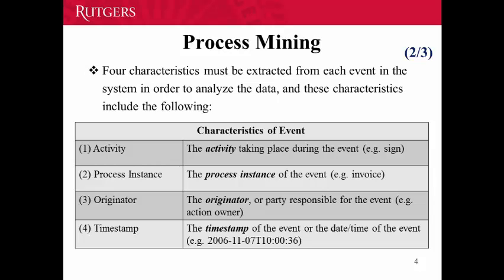For example, if an employee signed an invoice on November 7th, 2006, then the employee is the action owner who is responsible for the event. Then his signing will be the activity during the event. The invoice that he signed is the process instance of the event. And November 7th, 2006 is the date and time of the event, so it's the timestamp of the event.